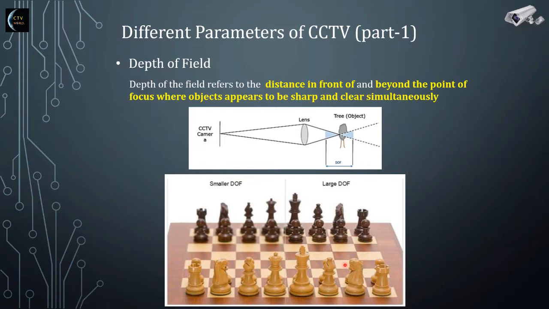That means if we focus on our near object and can even see the second object behind our primary object, then we can say it has a larger depth of field. I hope you all understand. There is nothing much more complex, you can see this image and understand very easily.